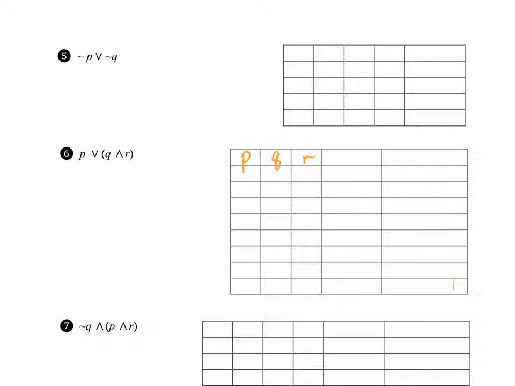Your final conclusion is your last box, Q and R, right? But before you go to your final conclusion, you compare the column for P versus the column of Q and R. So you put whatever is in the parentheses in between, so that you're comparing these two columns.